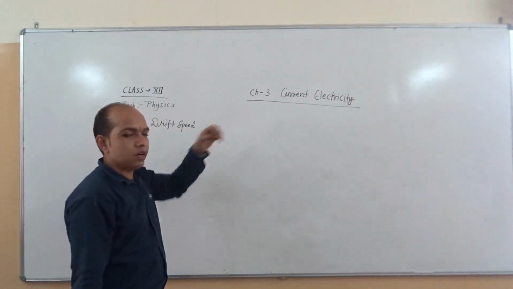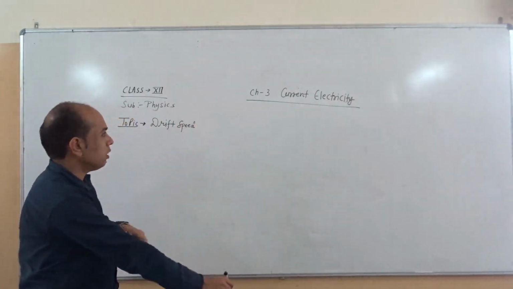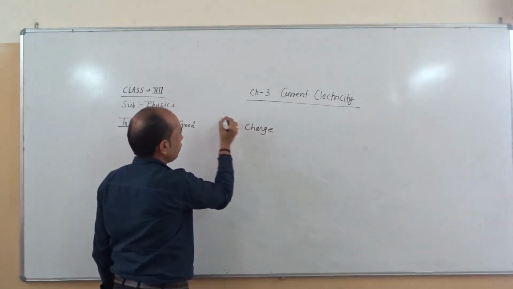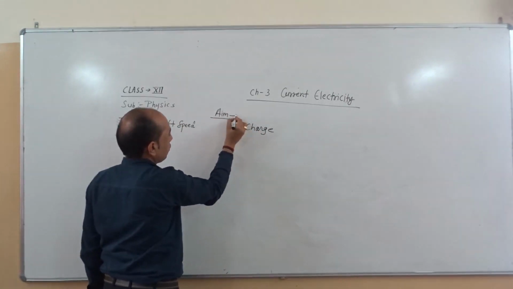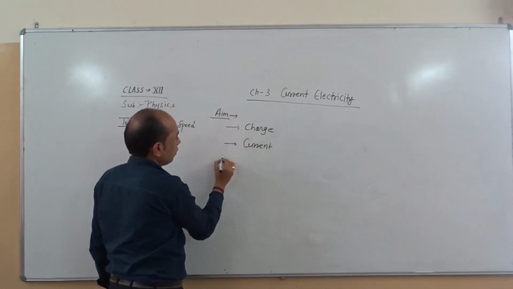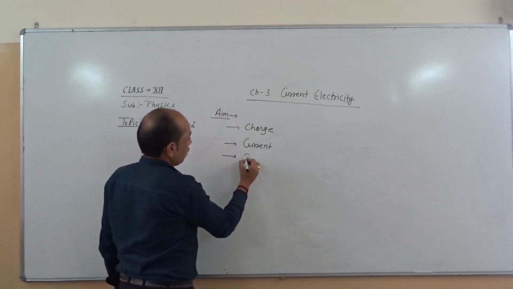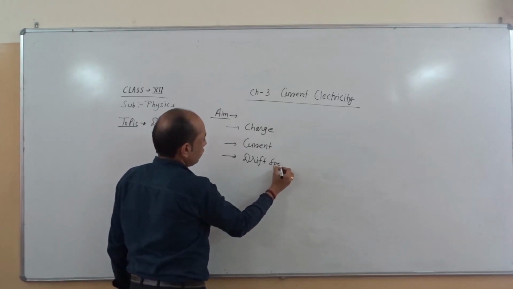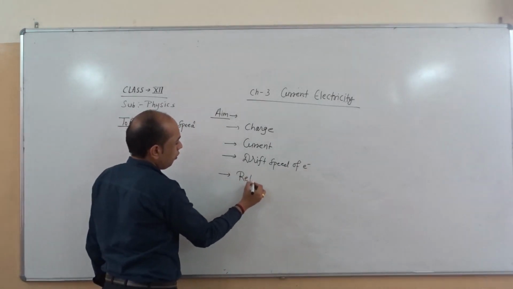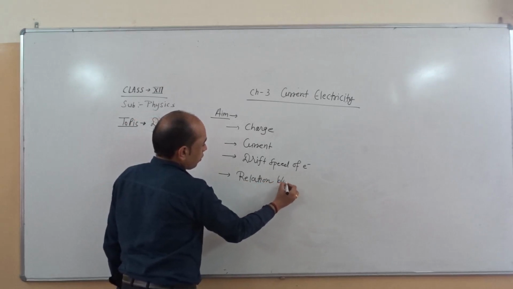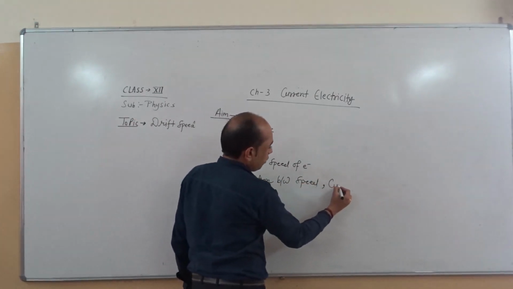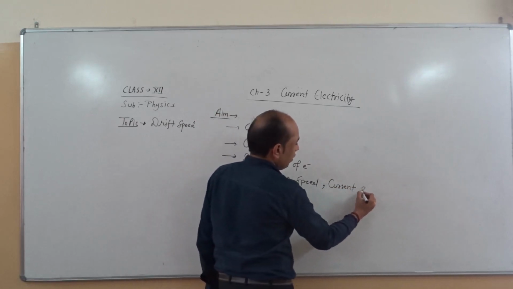Students, now we start the chapter current electricity. In this chapter we discuss first charge, second what is current, third drift speed of electron, and relation between speed, current and relaxation time.